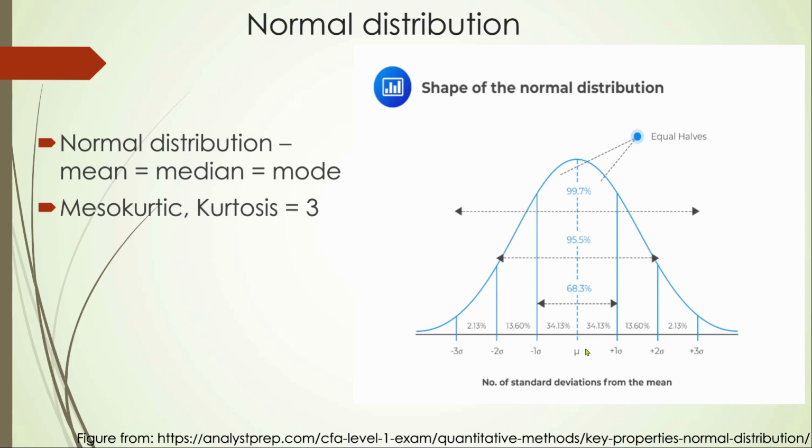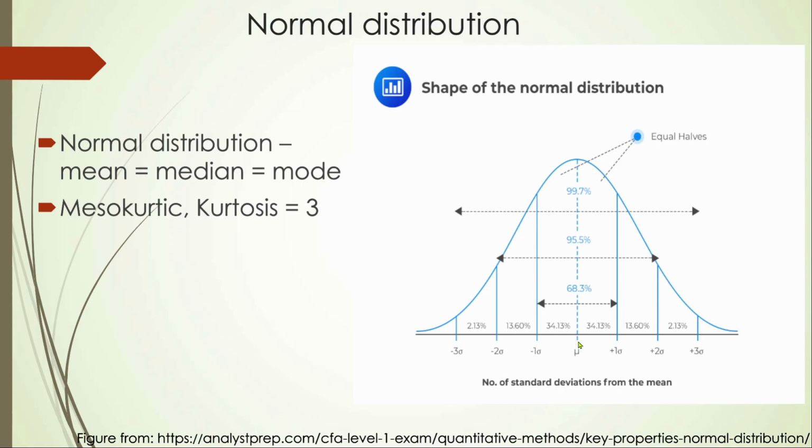Here is the average, and you can see that this is 1 standard deviation away from the mean, 2 standard deviations, and 3 standard deviations away from the mean. This is quite useful because we usually use this to describe the variability of your data.